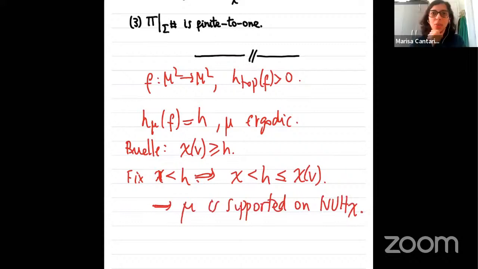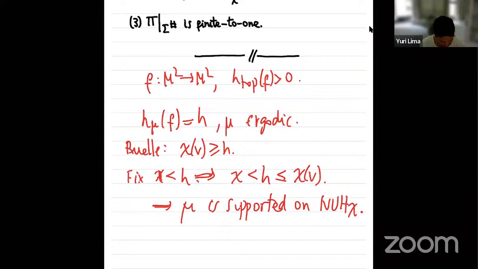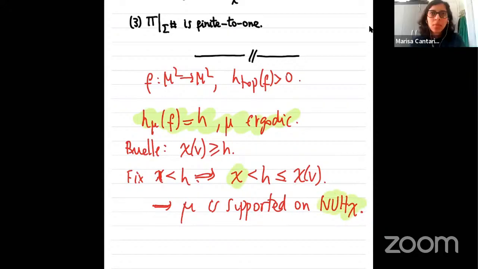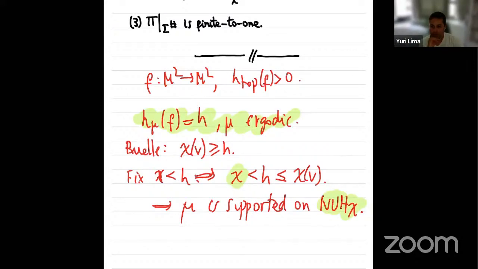And any measure supported in the same set will have the same properties. Yes, actually we can forget the measure. For all ergodic measures with entropy bigger than chi, they will be supported here. Any other question? There is no silly question, okay?